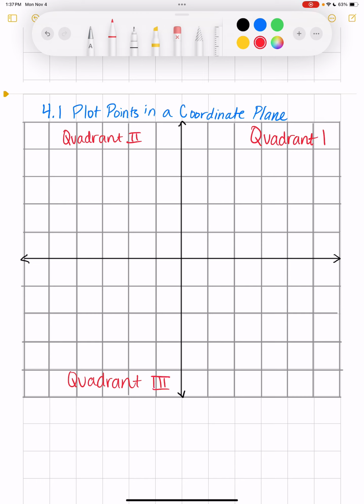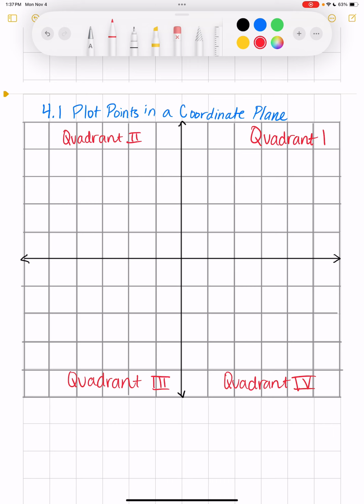And bottom right is quadrant 4. And they usually use Roman numerals. It doesn't really matter if you use Roman numerals or actual numbers.